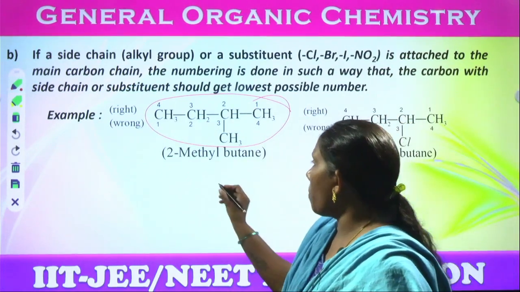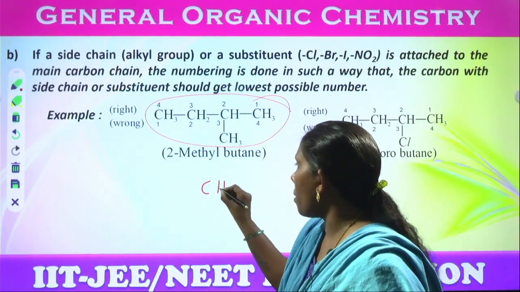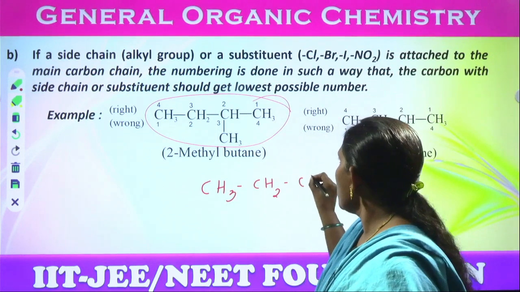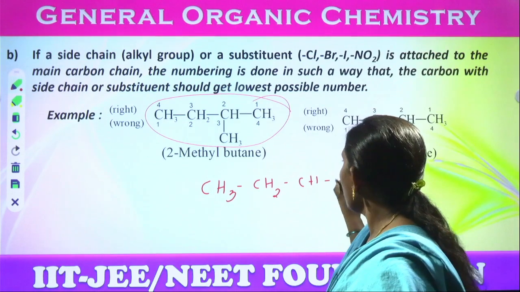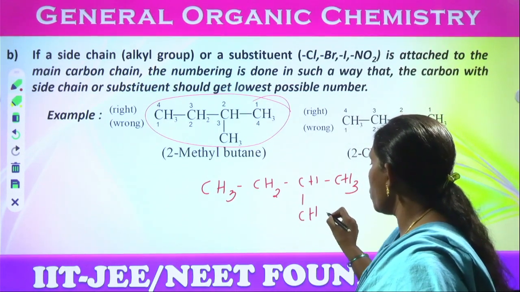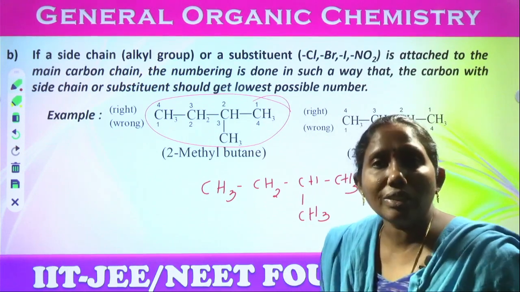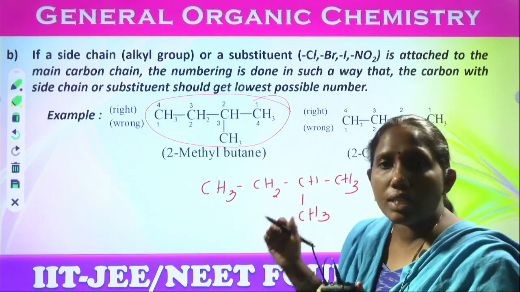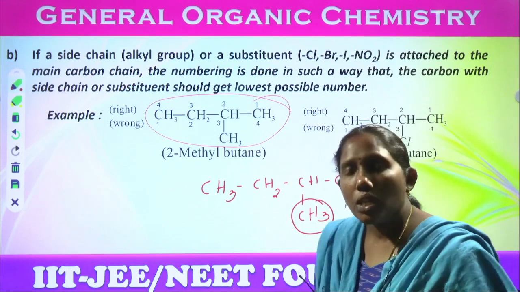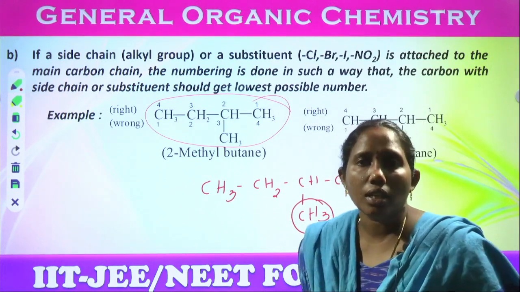I am rewriting this compound here: CH3, CH2, CH, CH3, and here it is CH3. So how to give the numbering? That is what lowest number means. This side chain or branch should get the lowest number.